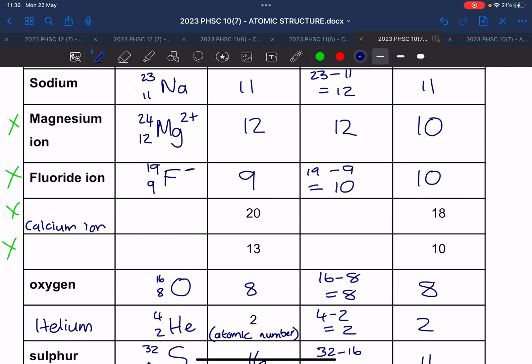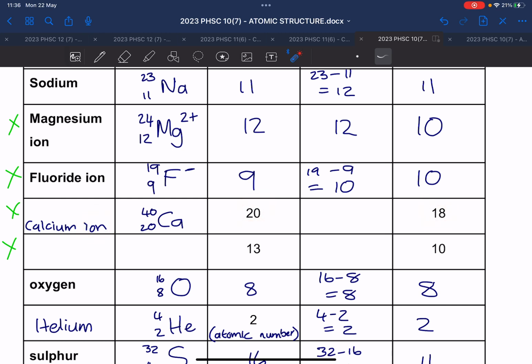All right. What's the calcium symbol? Ca. What's the mass? And the atomic number? 20.